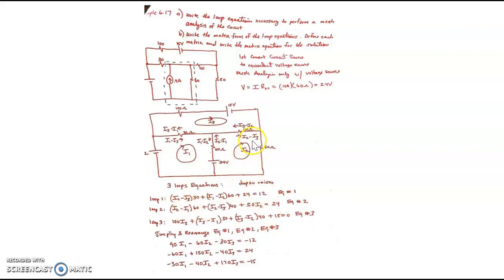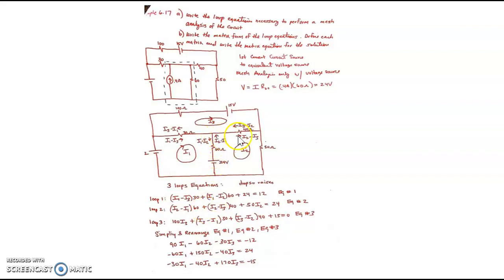Then I do loop number 2. Loop number 2, it seems that they start right here. So right here I'm going, I2 goes up and I1 comes down. So it's going to be 60 times I2 minus I1. Anything that opposes the direction of my loop current is going to be subtracted.